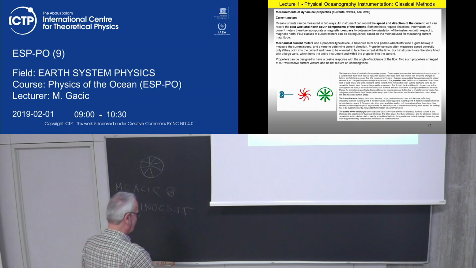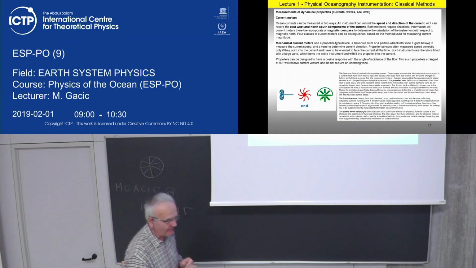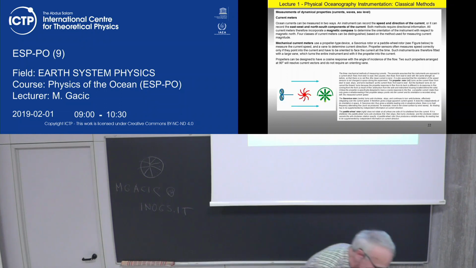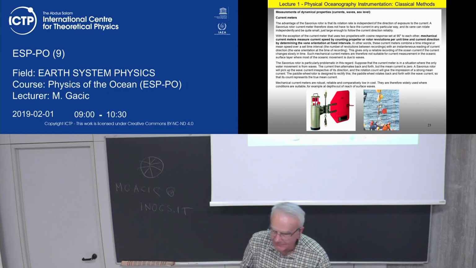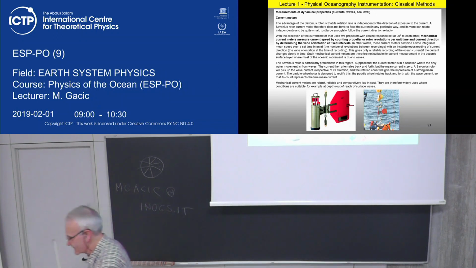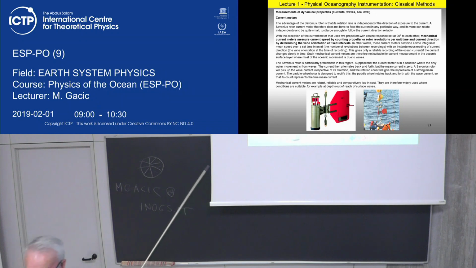That's a very nice thing. The people were really geniuses in constructing this kind of instrumentation. These are more sophisticated from the electronic point of view, but from the mental point of view, relatively straightforward. This is one of these very much used current meters, the Aanderaa current meters made in Norway.